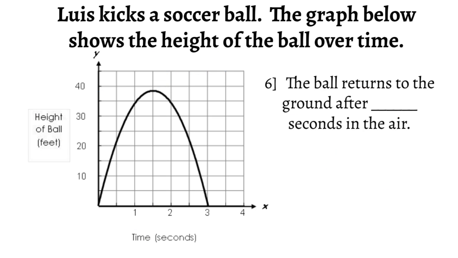So here we want to know what happens when the ball goes to the ground. The ball returns to the ground after how many seconds in the air? If we know that the ball starts here on the left at 0, how much time does it take for the ball to hit the ground? Time represents the x-axis, so it takes about 3 seconds for the ball to hit the ground.